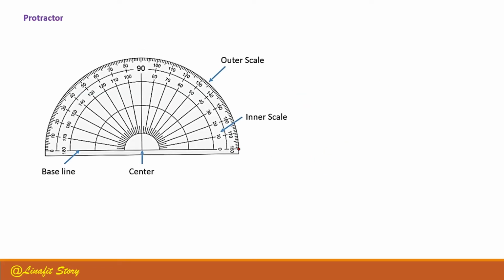Angles are measured using a protractor. A protractor is an instrument used to measure the size of angles. There are two scales. Here is the inner scale from 0 to 180, and then this is the outer scale from 0 to 180 degrees. This is the center of the protractor, and then here is the baseline.